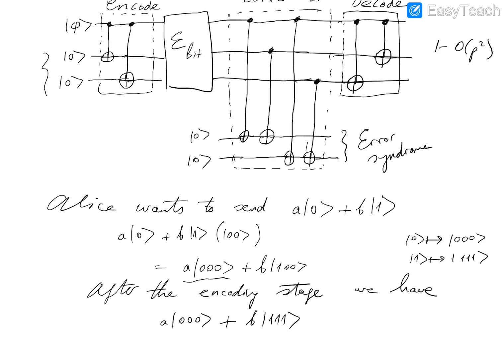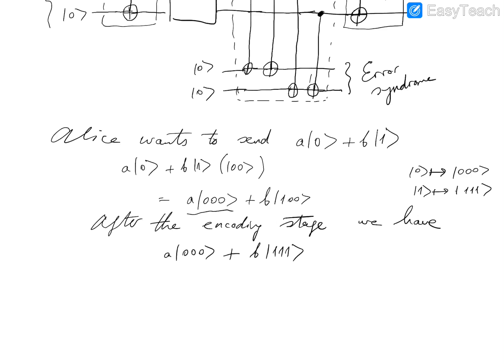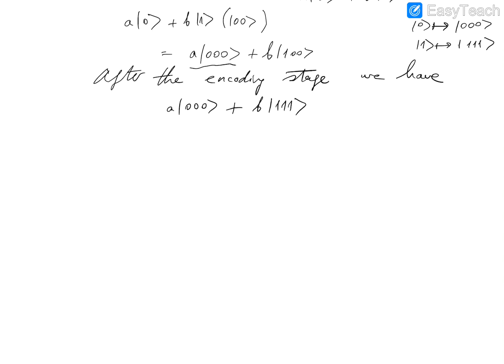All right, so now Bob receives the 3-qubit state through the faulty or noisy channel. He will receive the 3-qubit state either with no errors, or a state where only one qubit is corrupted, or 2 qubits are corrupted, or maybe all qubits are corrupted.